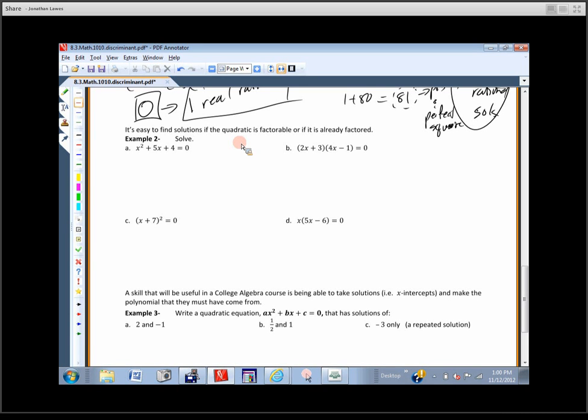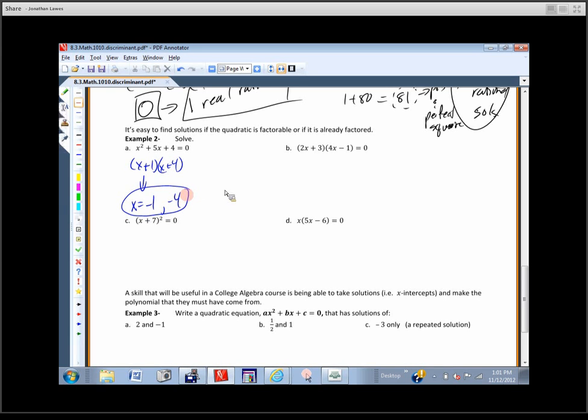If it doesn't factor or solve using the square root property easily, then we use the quadratic formula. But on this one right here, multiply to be 4, combine to be 5, positive 1 and positive 4. The solution that comes from here is negative 1, and from here, negative 4. There are the answers. And you could confirm that using the quadratic formula. It'll give you the same thing, but this is just quicker.